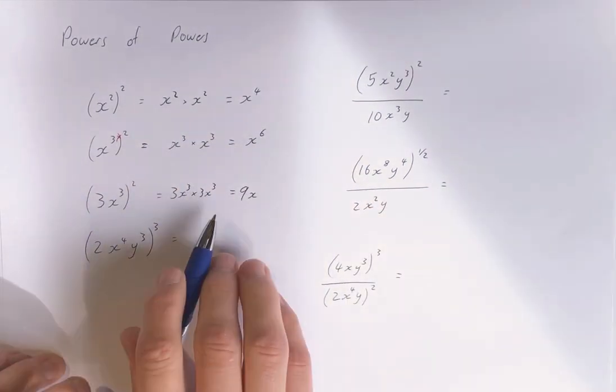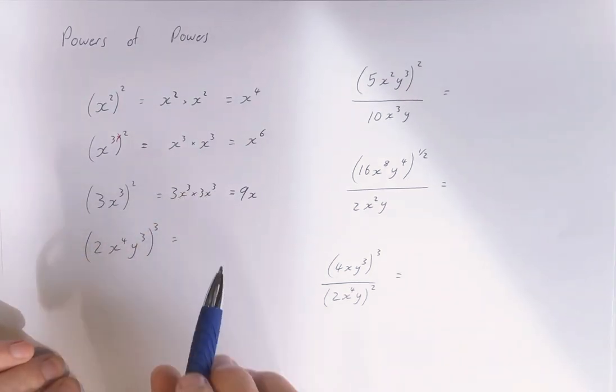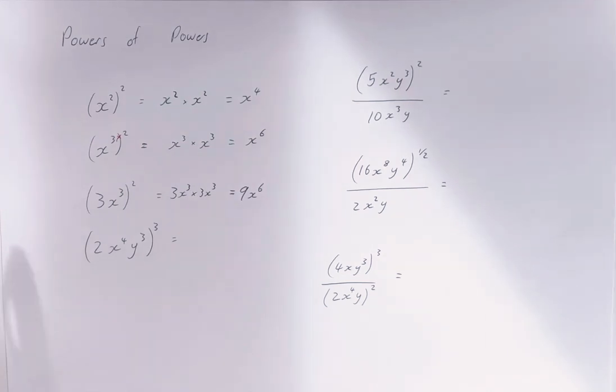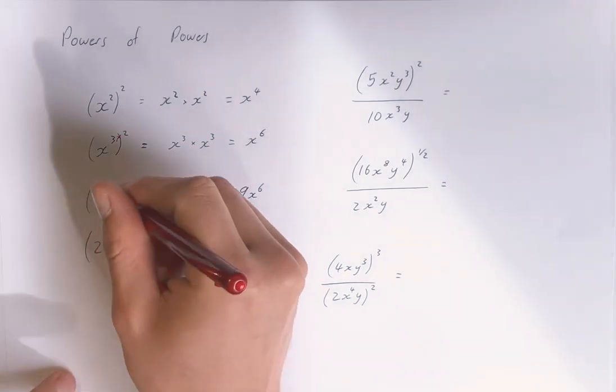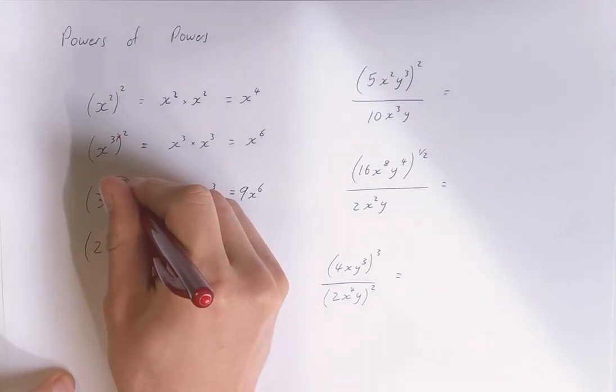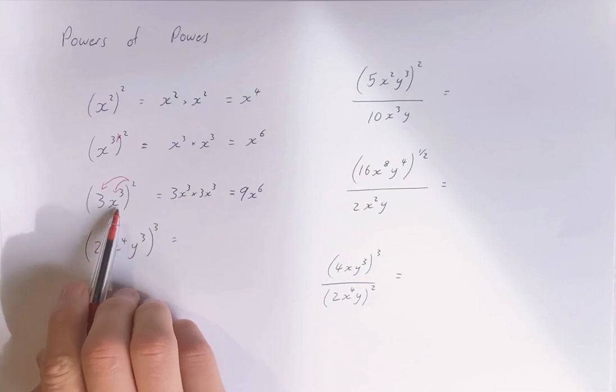And because order doesn't matter in multiplication, at least not at your level, we are going to get x to the 6. And what I want to just draw your attention to there is that that power of 2 distributes across everything inside that bracket, inside the multiplication.